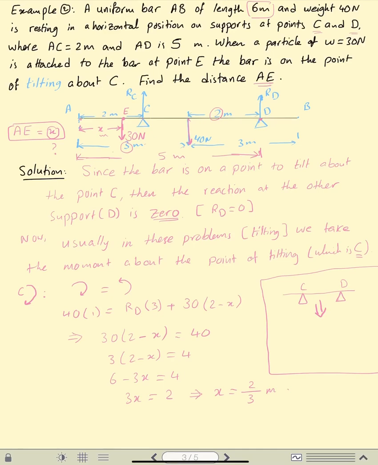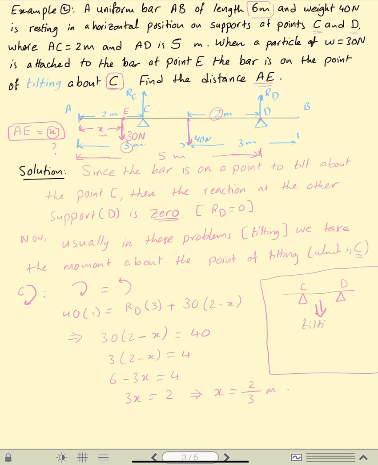This is what is meant by skew, oblique, slant. So he said in the question, it's easy, we just have to focus, that it will be on the point of, or about to be, tilting about C.